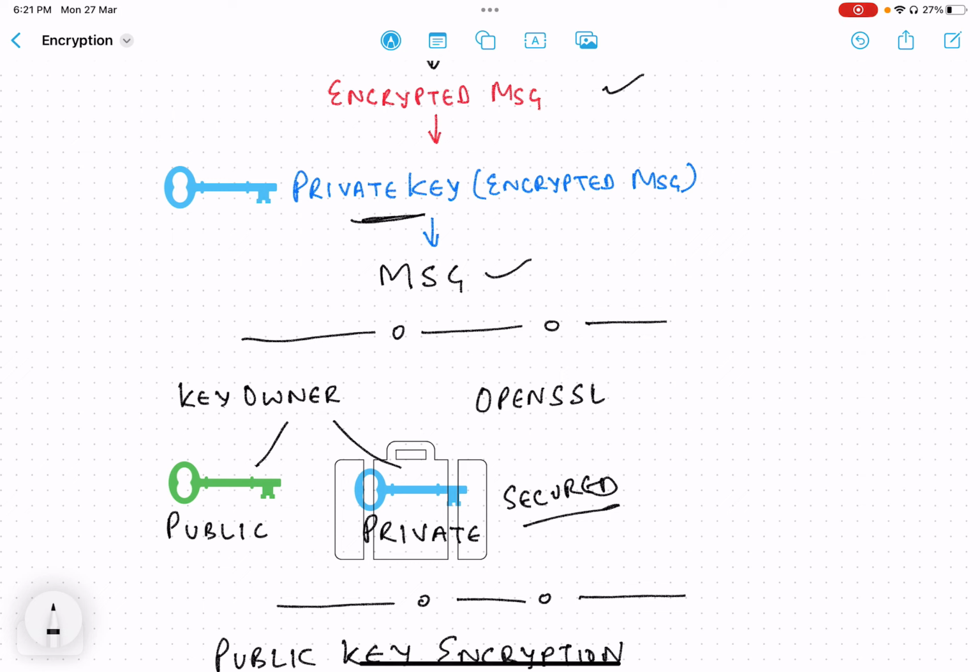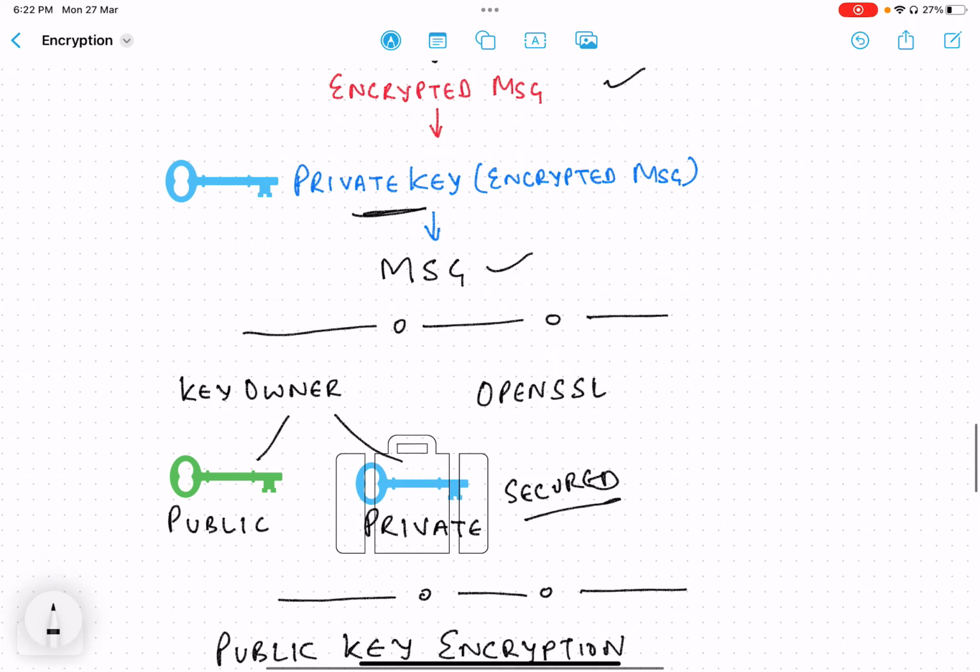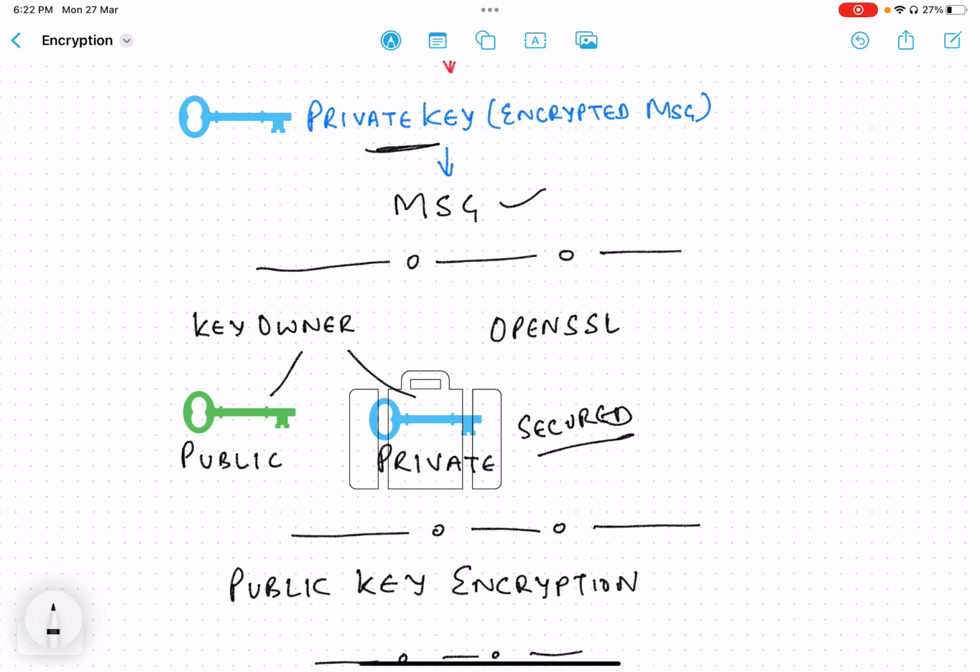So if you want to send any data to me, I will give you the public key. You will encrypt that data with that public key and send it over to me, and I will decrypt that data using my private key. This is also called public key encryption.